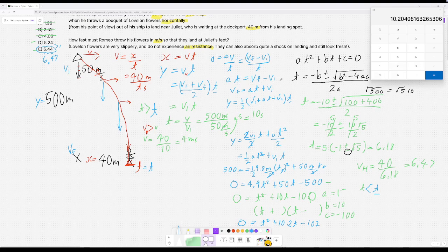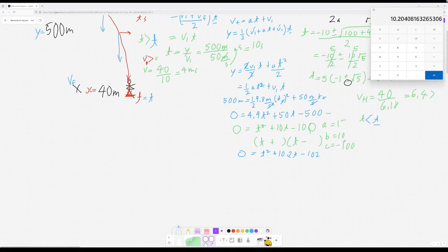But for the sake of completeness, let's say you didn't have a multiple choice question and you needed to calculate the exact answer. So what you do is you start with this equation right here, and we use the quadratic formula. So we know that t equals minus 10.2 squared, and we already know from here that the minus of the plus or minus is not going to be valid.